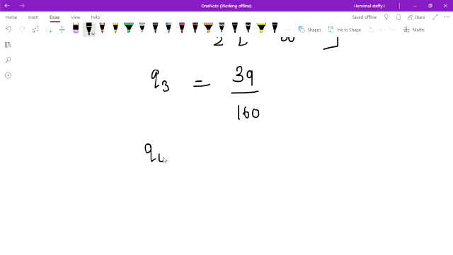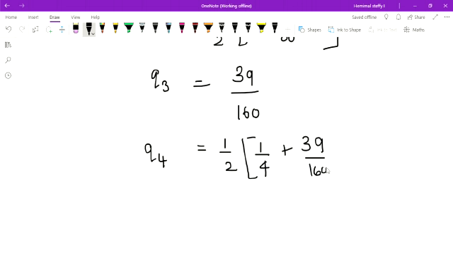Then I'm going to find Q4. 1 by 2, what is the A value? A is equal to 1 by 4 plus 39 by 160.